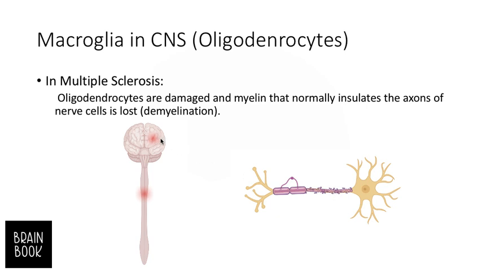It's present in the brain or spinal cord, but it's exclusively limited to the central nervous system because the oligodendrocytes are for producing myelin in our CNS.